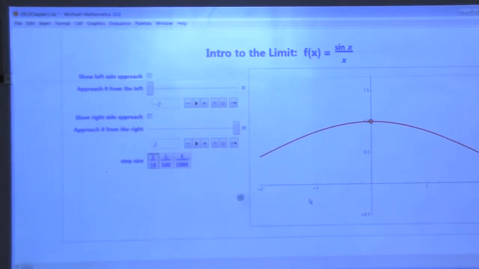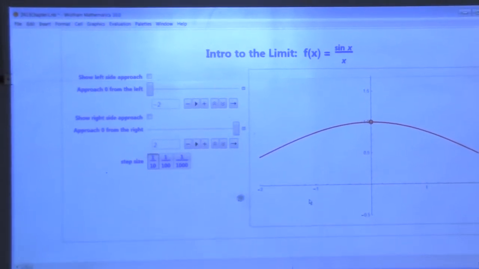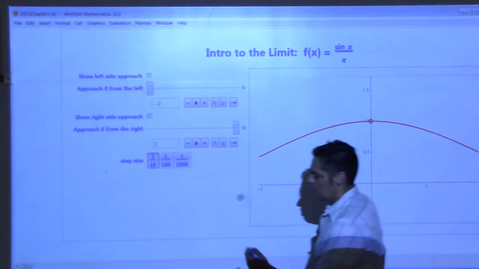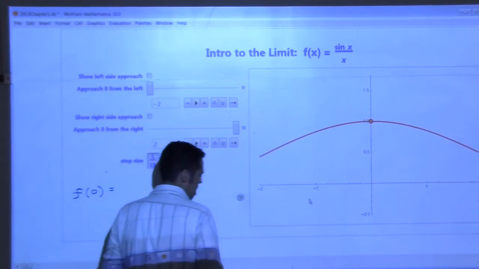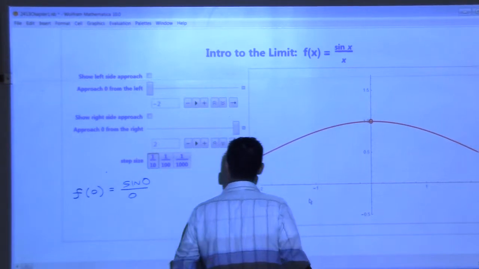Oh, good old sine x over x. This one we're just going to have to do visually. I'm interested in what's happening at 0 on this one. So let's go to college algebra. What's f of 0? So that's sine of 0 over 0.